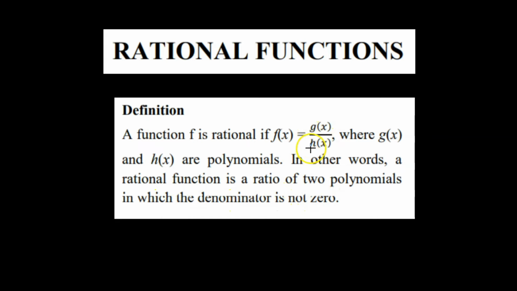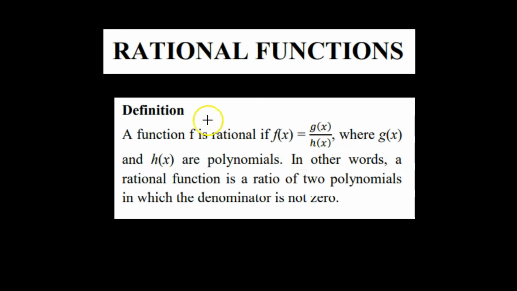So from our expression here, h of x must not be equal to 0. Why is it that it shouldn't be equal to 0? You know, mathematically, any number over 0 is undefined. So when the function h of x is assuming a value of 0, then the whole function does not exist.